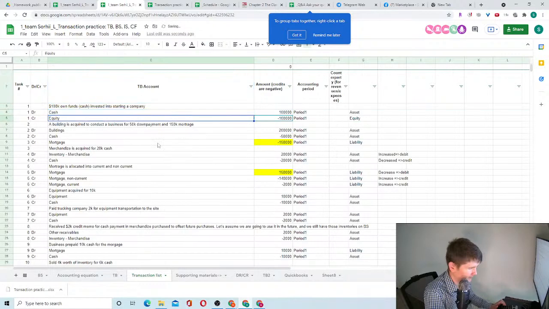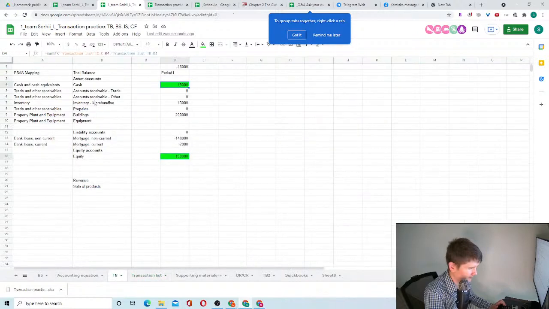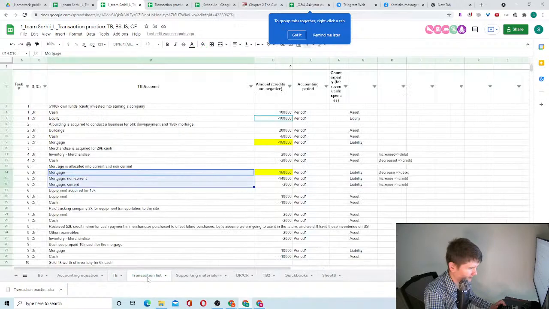So we go here, we have buildings, cash, mortgage, and mortgage later we divide into two mortgages. So let's see. Okay, buildings is here and mortgage is here.